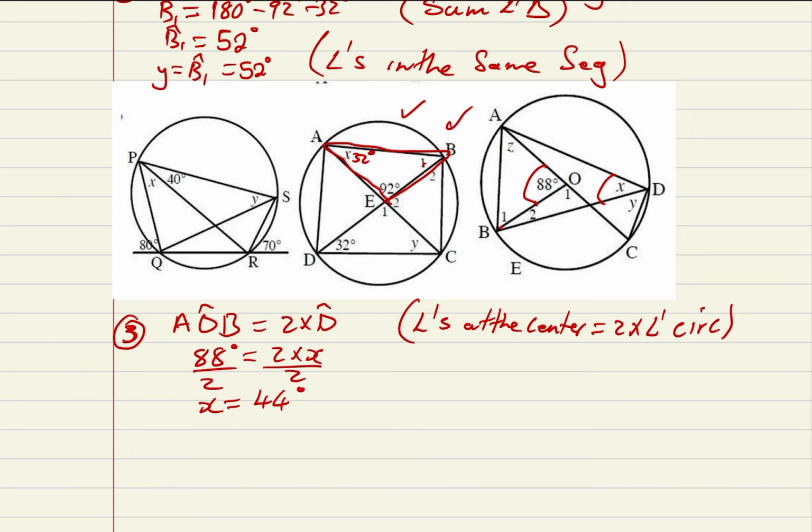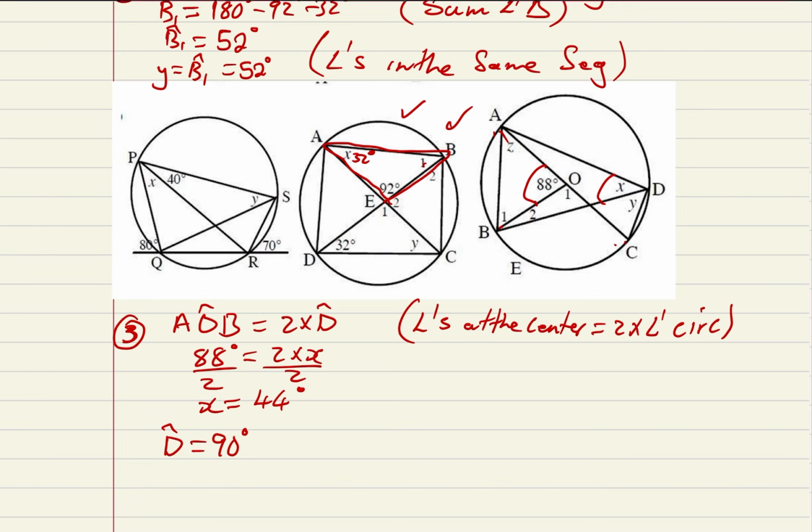Okay, having 44 degrees, now I can see that this one is my diameter. Since this is my diameter, I can find y. So first of all, I will say angle D is equal to 90 degrees.